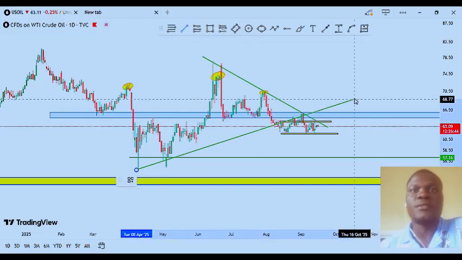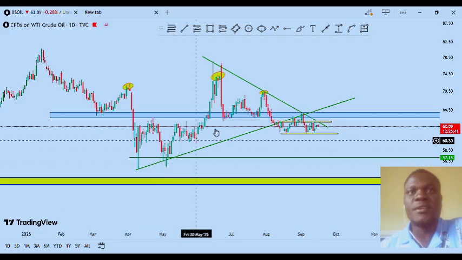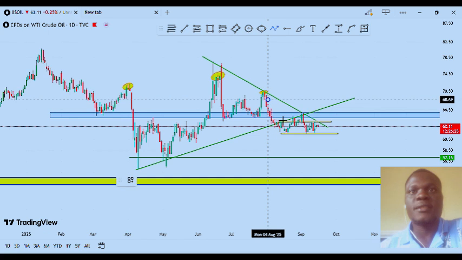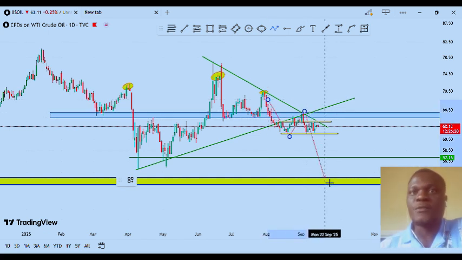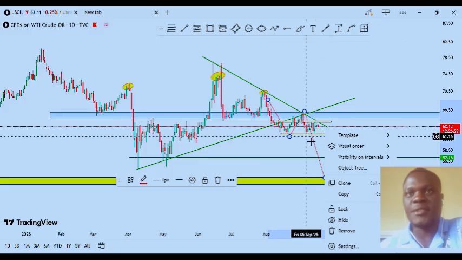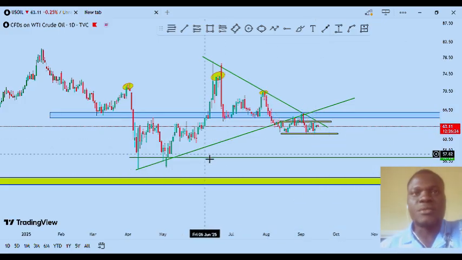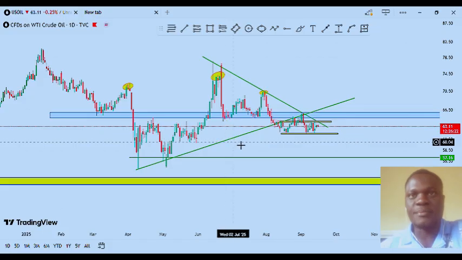Using trend line principle, this is a breakout, a retest, continuation. If you use the basic trend line principle, break and retest of a trend line, that's why I'm still holding on to my position.